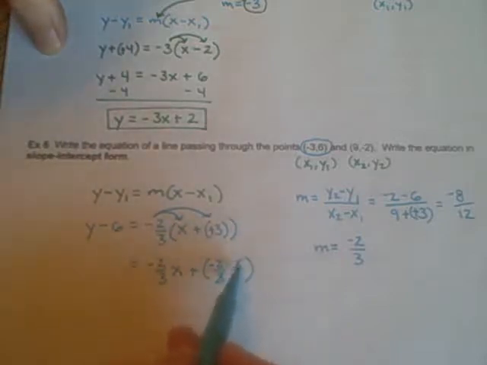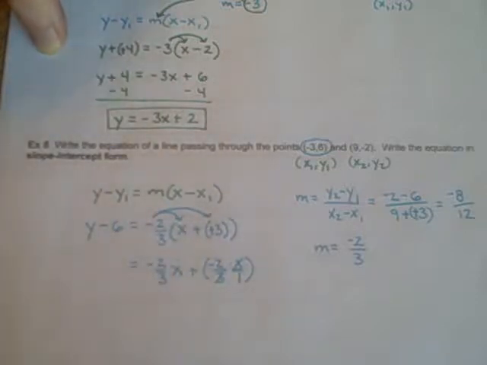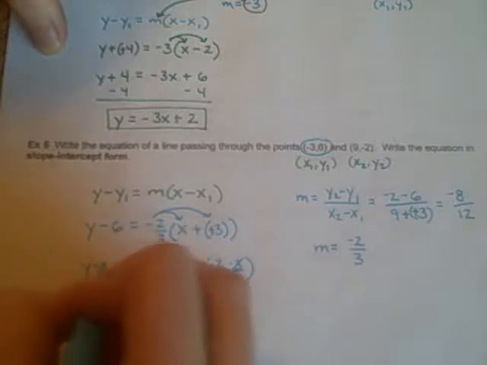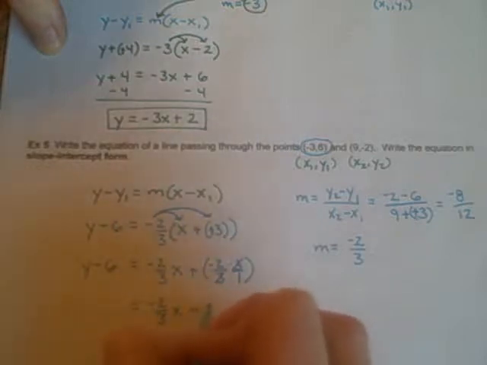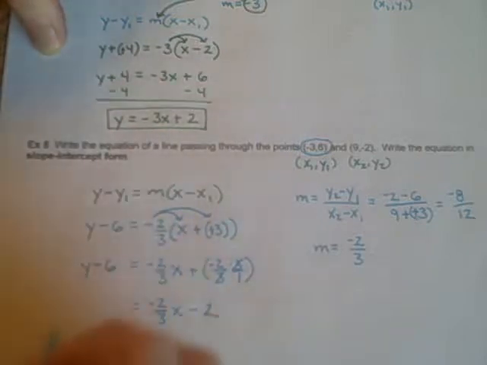Don't forget, because 3 is a whole number, it goes on to the top. You could have written 3 over 1 and multiplied the tops and the bottoms as well. So I'm left with negative 2/3 x minus 2 on the right, and a y minus 6 on the left.